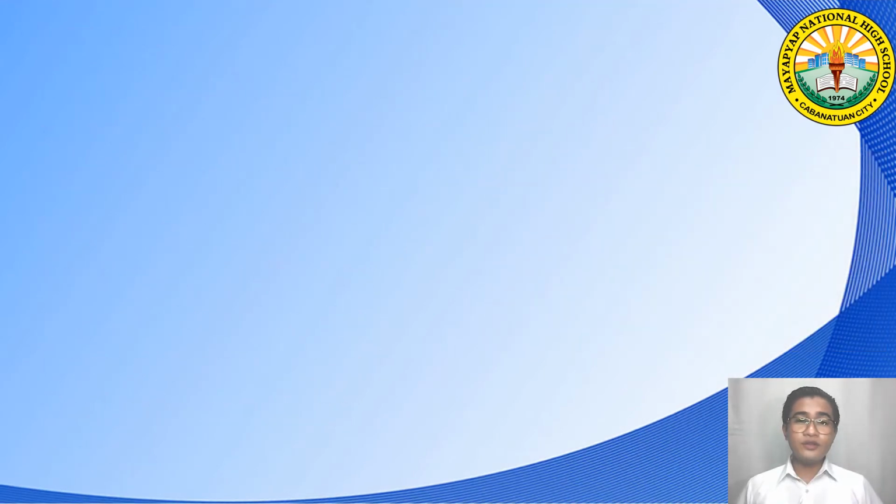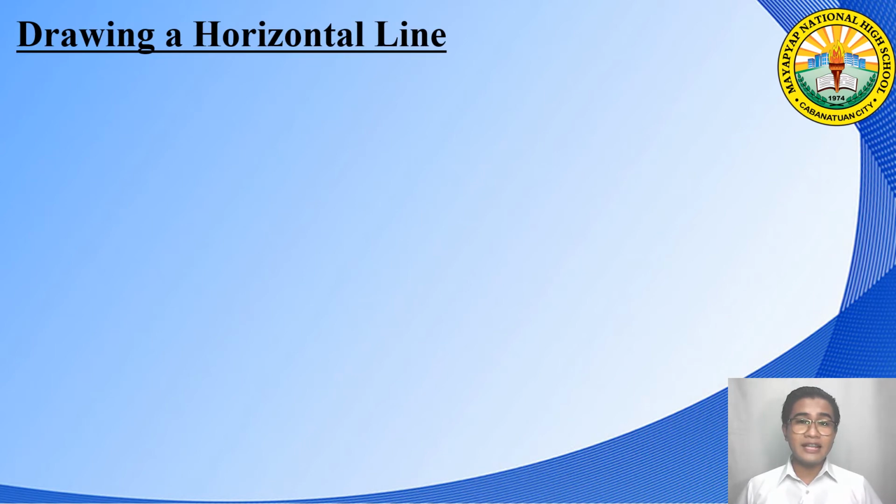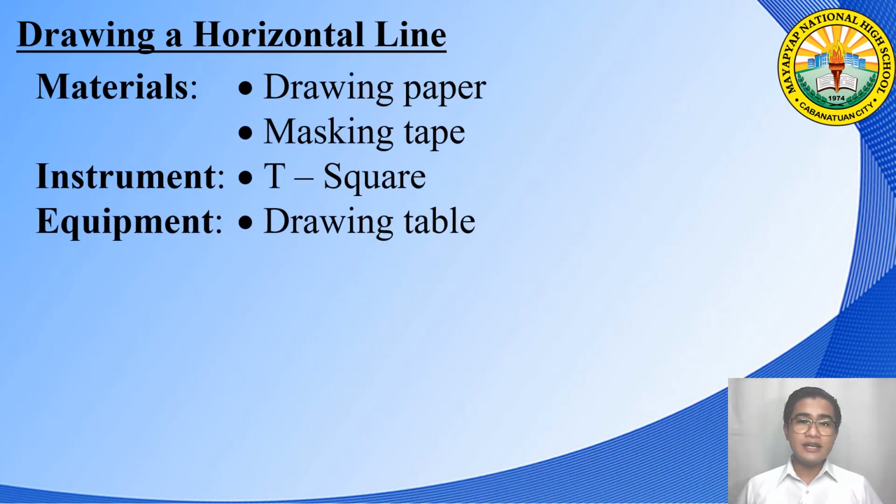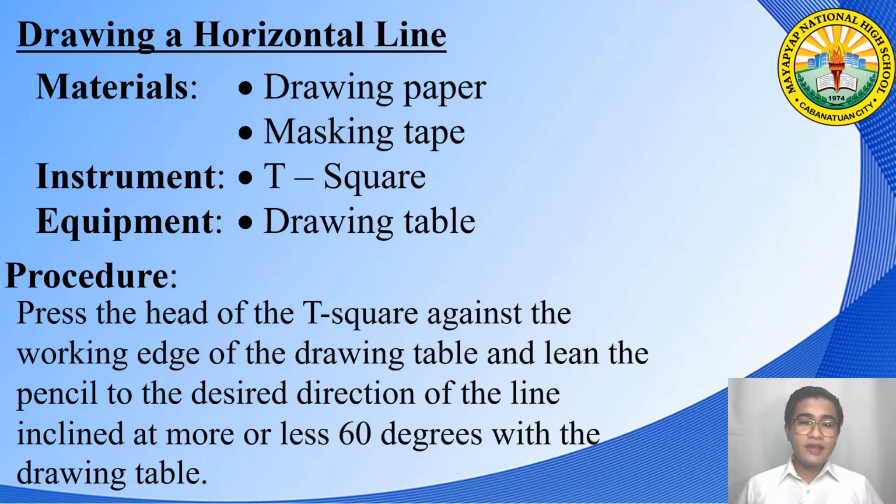Now, we're going to learn how to draw a horizontal line. Materials: drawing paper, masking tape, instrument, T-square, and equipment, drawing table. Our procedure: press the head of the T-square against the working edge of the drawing table and lean the pencil in the desired direction of the line, inclined at more or less 60 degrees with the drawing table.